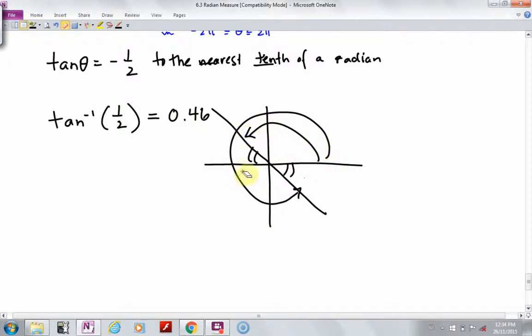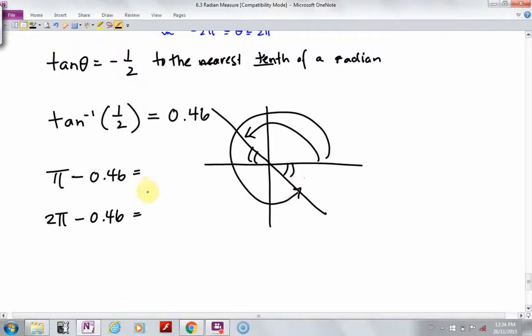Okay, so to get this angle here, we're going to take the 180, or pi, take away 0.46. And to get this angle here, we're going to do 2 pi, take away 0.46. Because we want all the way around is 2 pi, and then we want to take away that reference angle to get the angle we want. So what's pi take away 0.46?